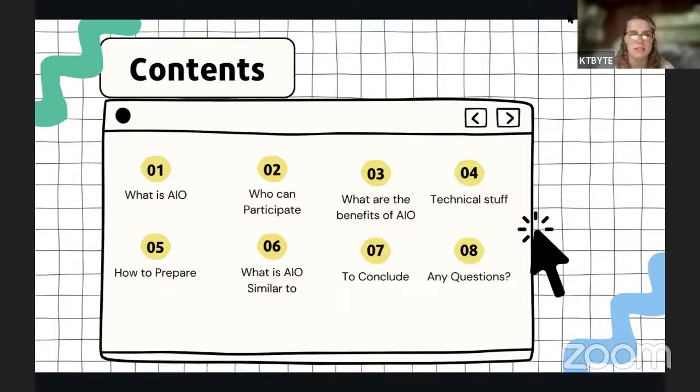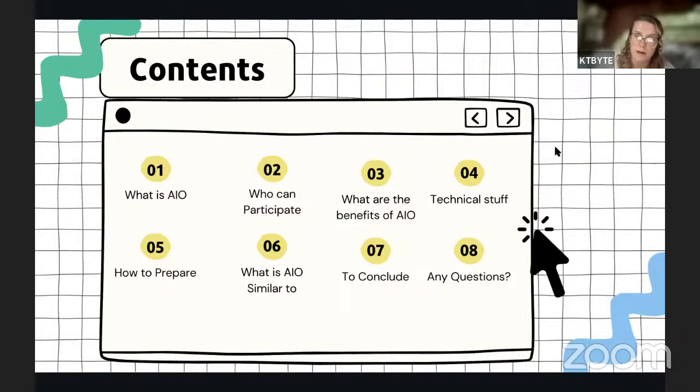What we'll talk about today is what the AIO is, who can participate, some of the benefits, and a little bit about the technical things, like how to submit your code, what languages are appropriate, and what you want your environment to be like when you're taking the test.